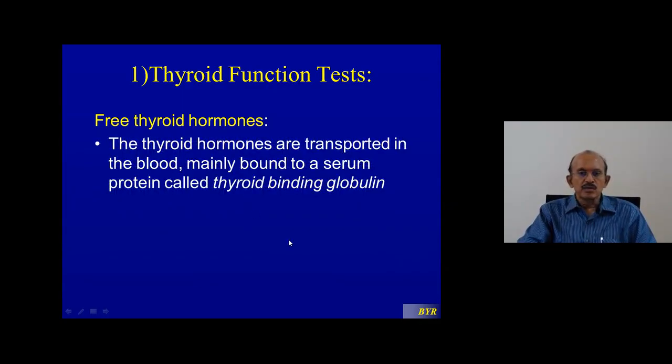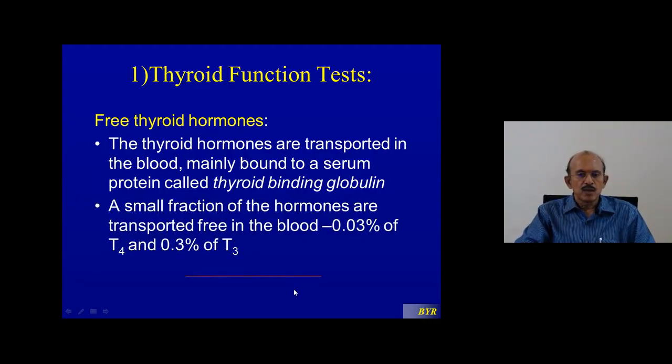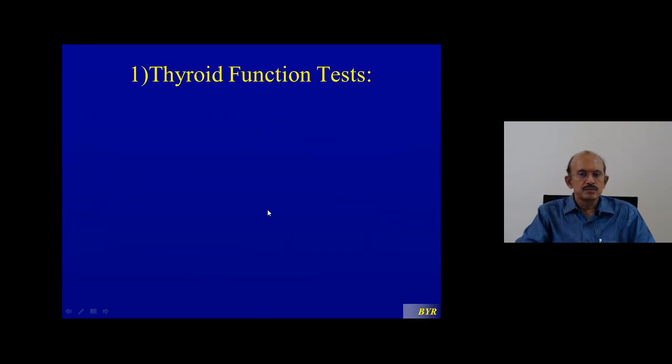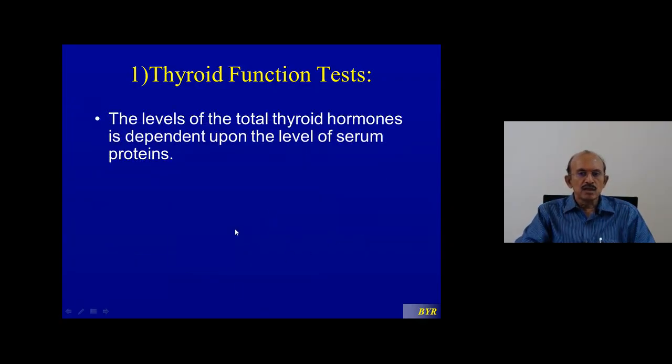The thyroid hormones are transported in the blood mainly bound to a serum protein called thyroid binding globulin. A small fraction of the hormones are transported free in the blood, 0.03% of T4 and 0.3% of T3. The levels of total thyroid hormones depend upon the level of serum proteins, because much of the thyroid hormones are transported bound to serum proteins.